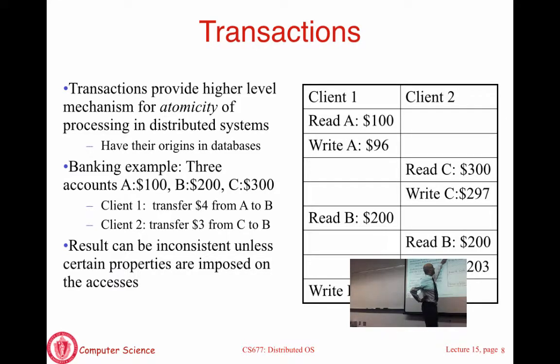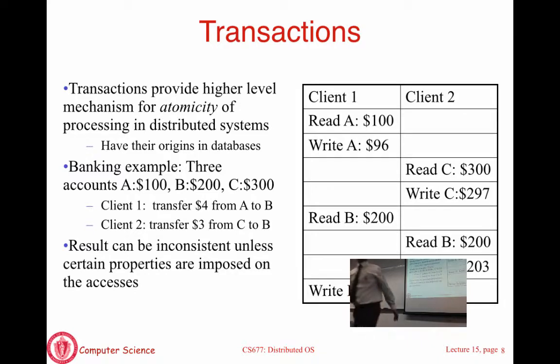You're going to read A, and then you are going to update A, write A, then you're going to read B and write B. And that's the timeline. So that's client 1. You read A, so the database shows 100, then you write 96 back. You deducted 4 and you wrote. Then let's say because these two operations are happening concurrently, things can get scheduled in arbitrary order.